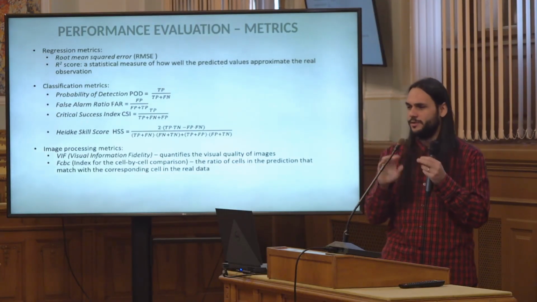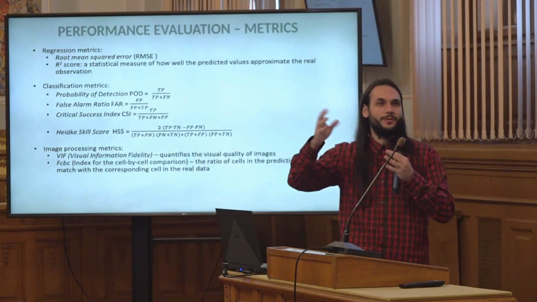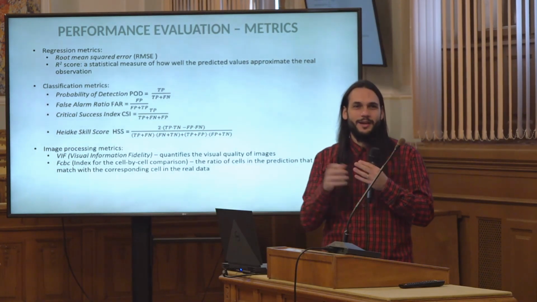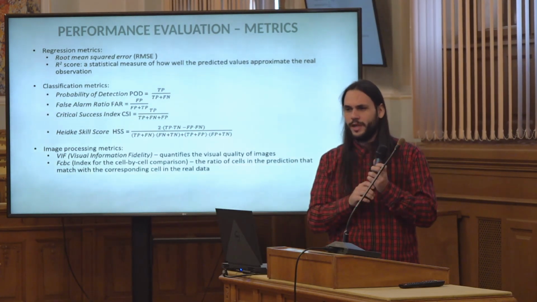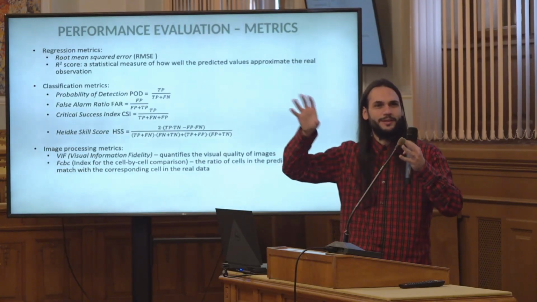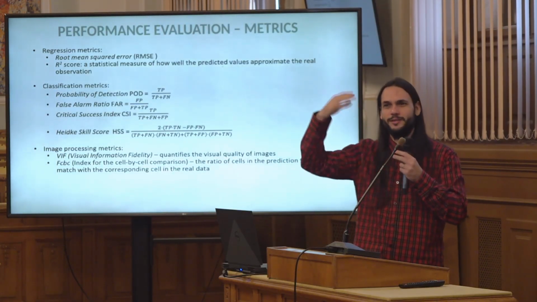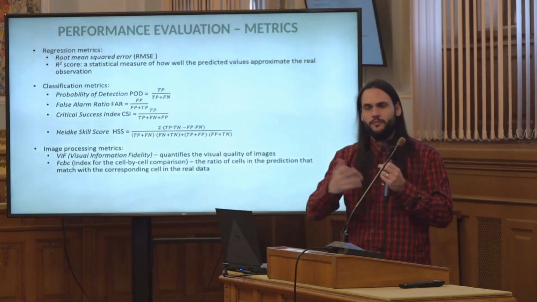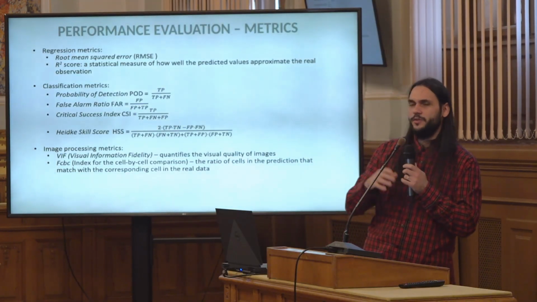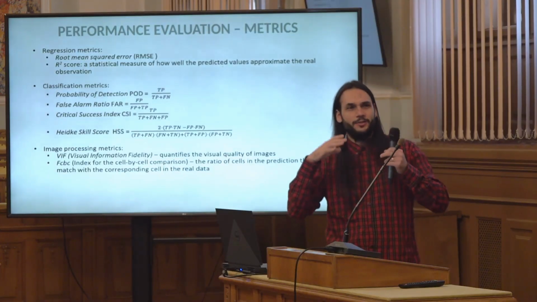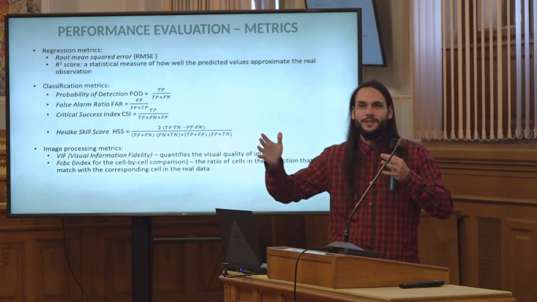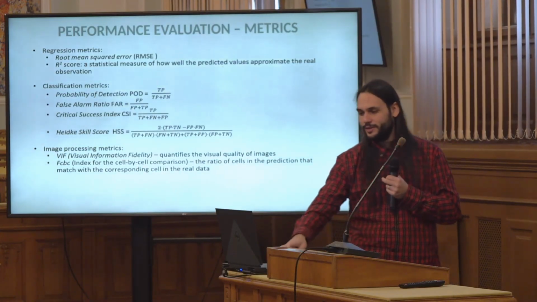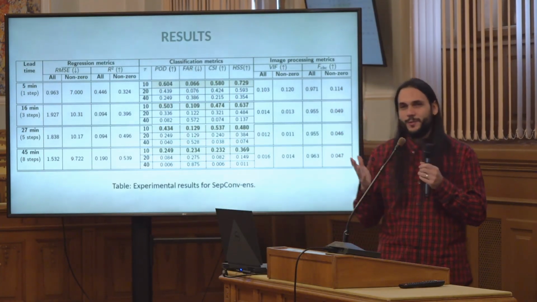We actually made a small experiment trying to figure out which would be the best image processing metric by asking multiple meteorologists what their idea was, showing them some images and so on, and trying to find it on a rank basis. And so this is how we found these, I don't know if you see, visual information fidelity metric. Right, so the idea is that we have all these kinds of metrics that all show us something about what we did, but it's really hard to, you know, find out.